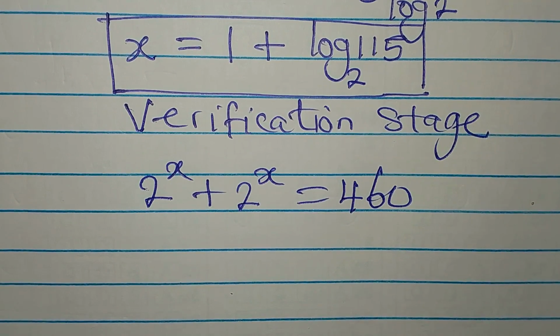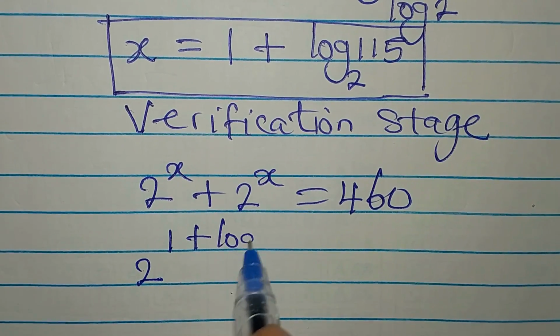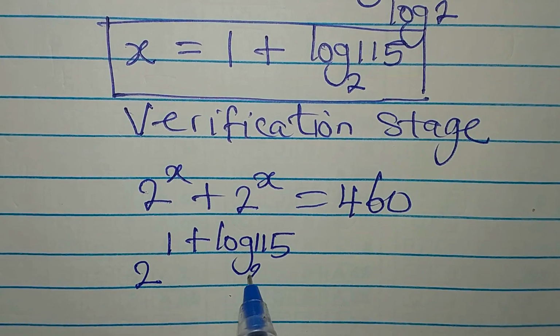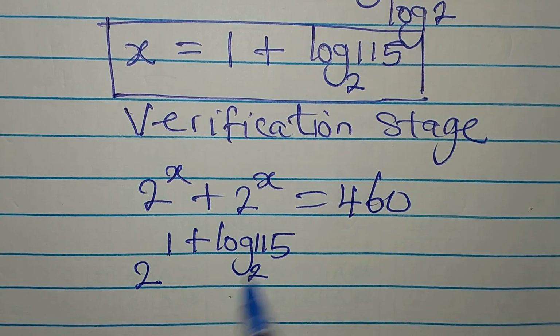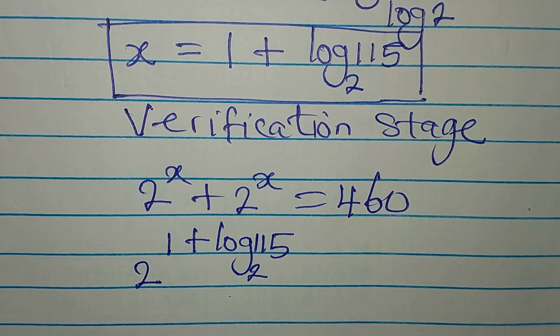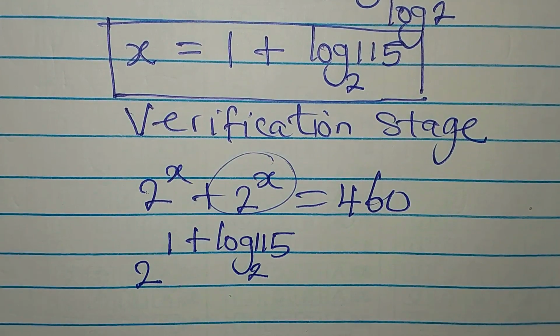In place of x, I will simply put 1 plus log 115 to the base of 2. So I'm going to have this in 2 places. I want to simplify this so that whatever I have, I will double it, because that is the same thing I should have for this.